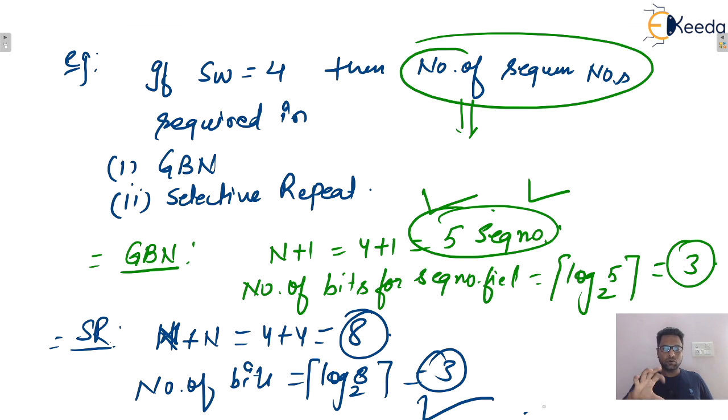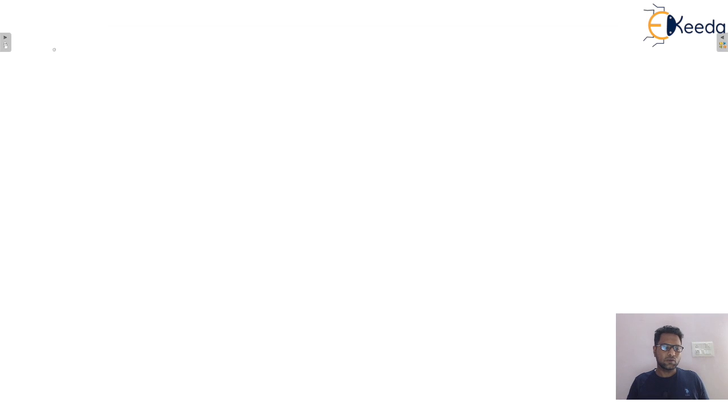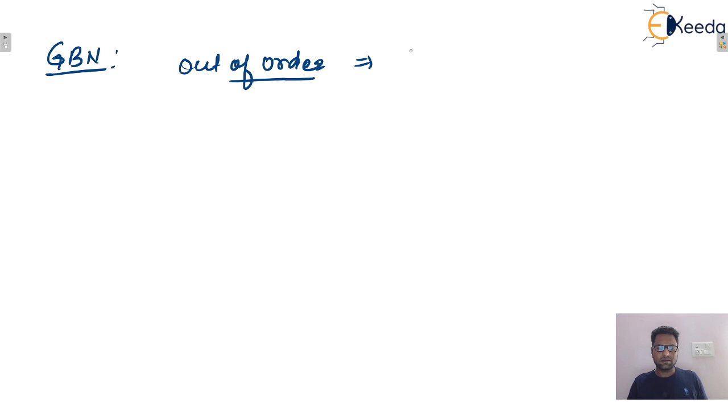Let us consider one more scenario in GBN. Whenever out of order data is received, that packet is discarded silently. So GBN silently discards out of order packets.